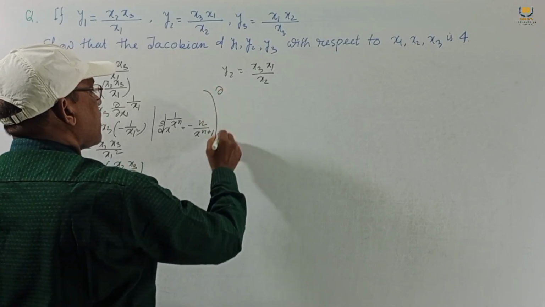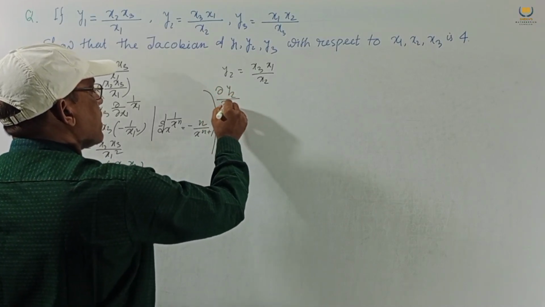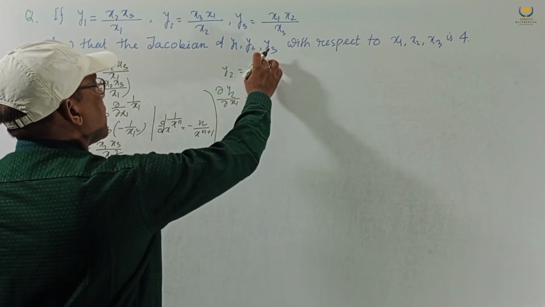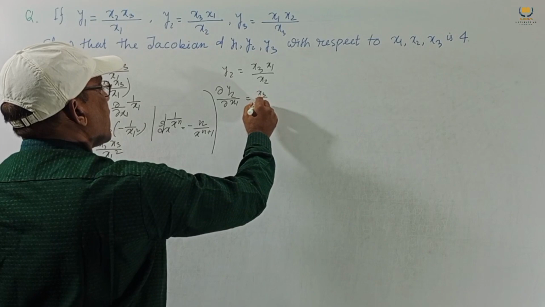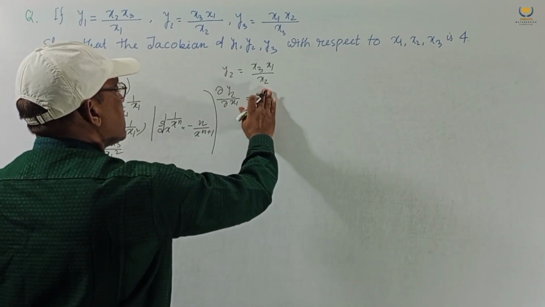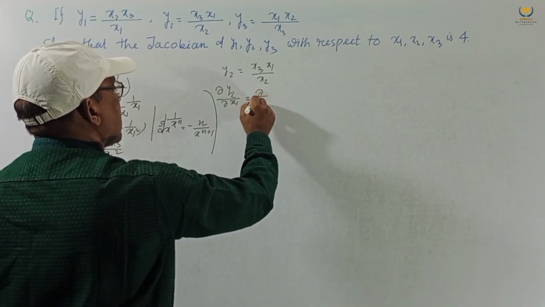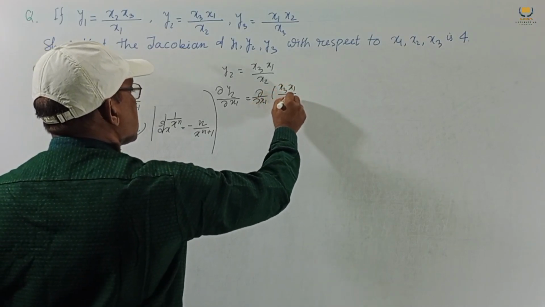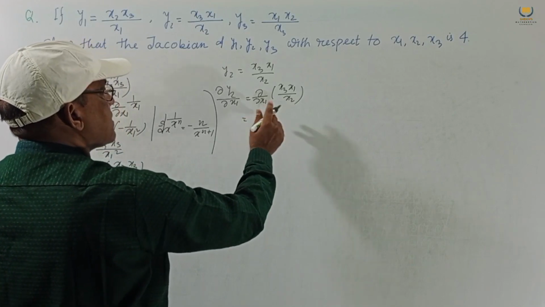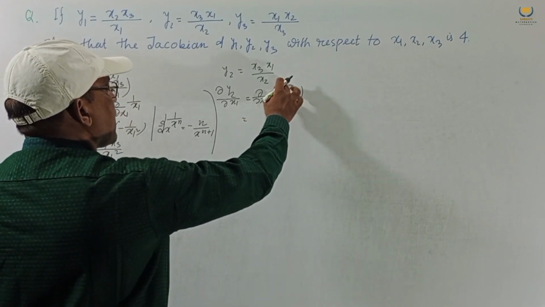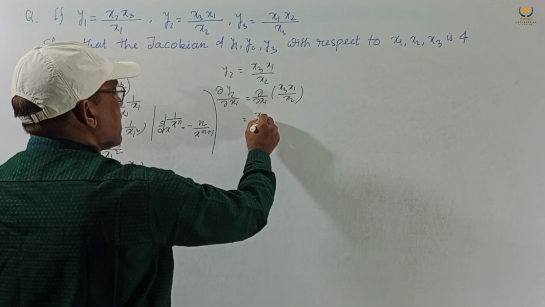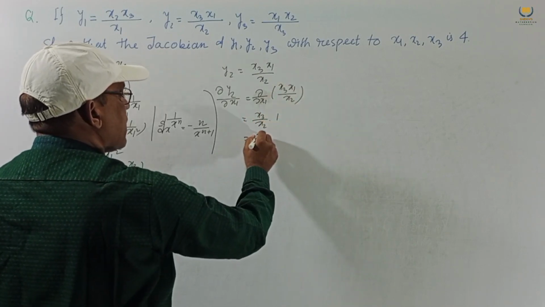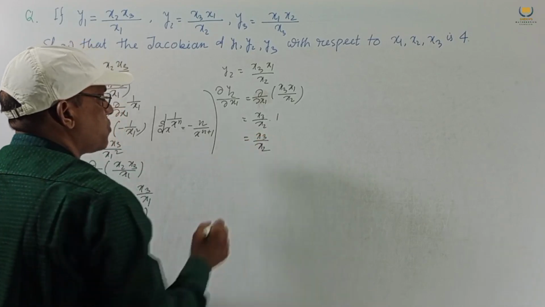So del y2 by del x1, where x3 and x2 are constant and outside, and del x1 is 1. So we get x3 by x2.